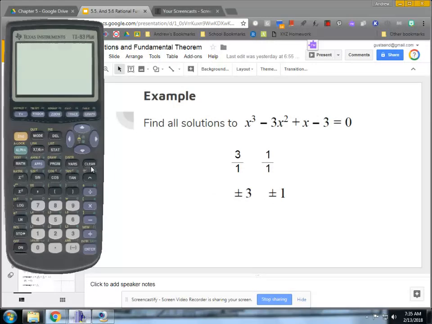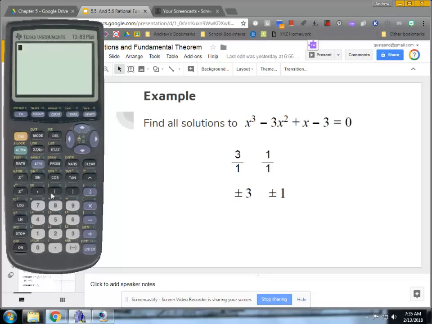Pull up that calculator again. So I'm going to use the theorem that says if I plug these numbers into that original polynomial, whatever it equals is the remainder, and I want the remainder to be 0. Let's try 3.